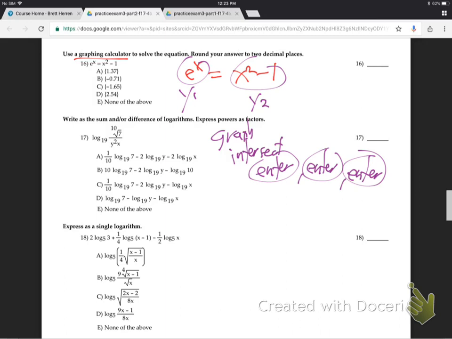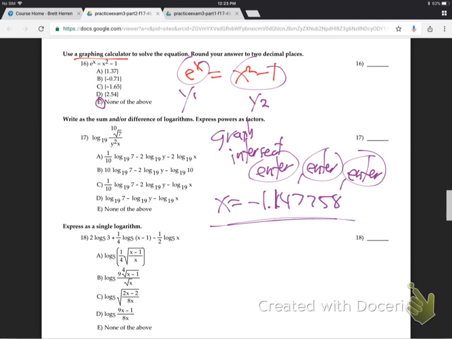And hit second calc, go down to intersect. Enter. I got x equals negative 1.147. Yeah, none of the above, 7758. You guys get that answer? There it is. If you have any trouble getting that graph or anything, grab me after. I'd be glad to help.